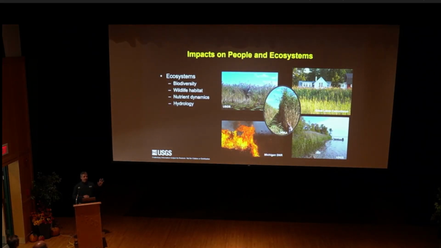So for those of you that haven't seen this level of Phragmites and what it can do, let me show you some meta pictures. Right? This is what we have in the Great Lakes, and it's all east of all of the marine coasts. So the Pacific, Puget Sound, Chesapeake Bay, Gulf of Mexico, all over the place.